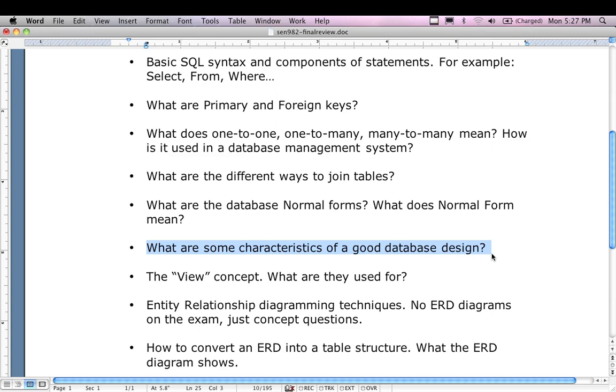Because I didn't cover performance, it's not going to have to do with performance. I'll give you a hint, it has to do with duplicate rows.